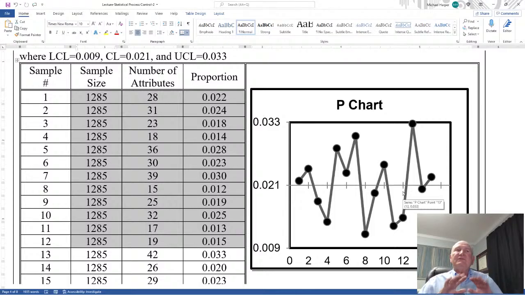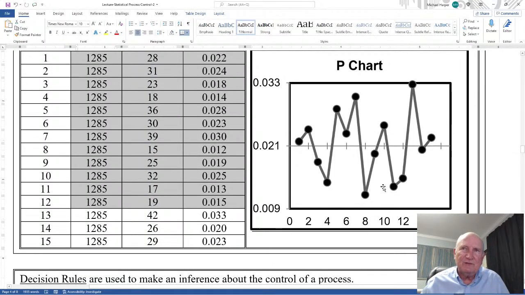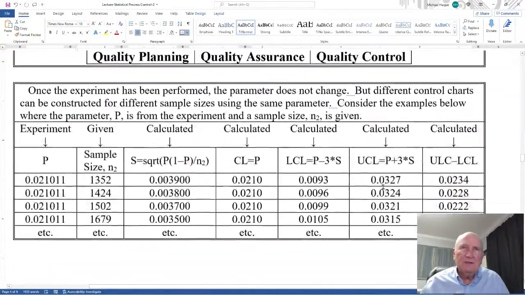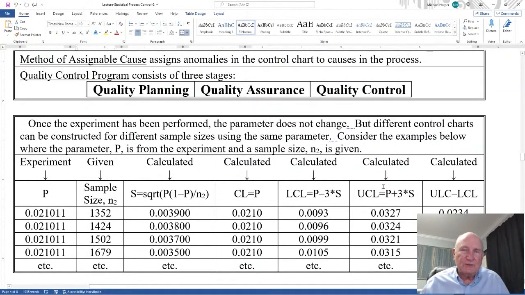So there are a lot of different reasons why you'll have anomalies in charts. But when you do, that's evidence to infer. Then you have to go back and make sure that you find a cause with a method of assignable cause. And that's beyond this course. Okay, so let's go on.